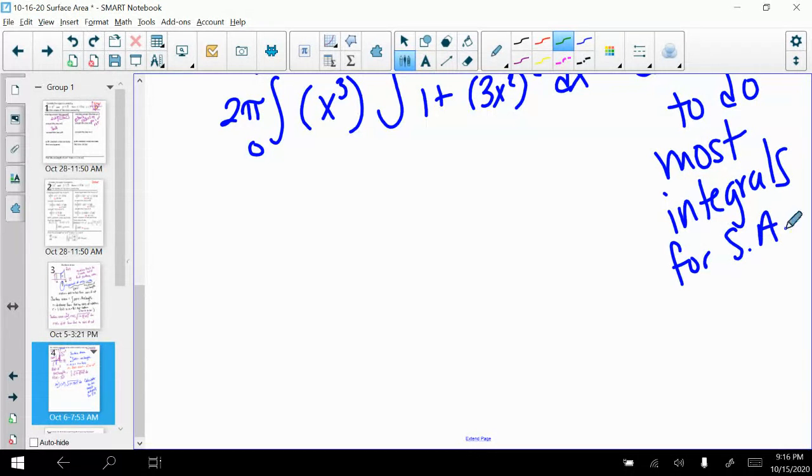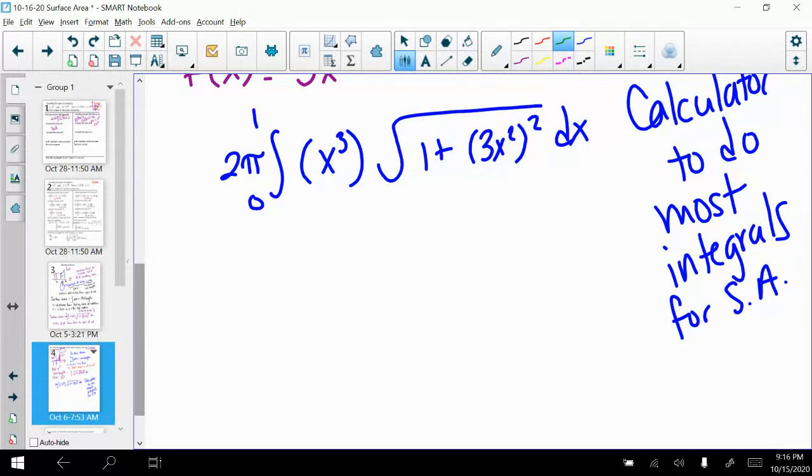One thing that's nice about surface area is that because we have this r of x, what often happens, at least with book problems, is we have an opportunity to u-sub, because we have a function out here. That's always something to look for if we don't have our calculator or need to show our work.